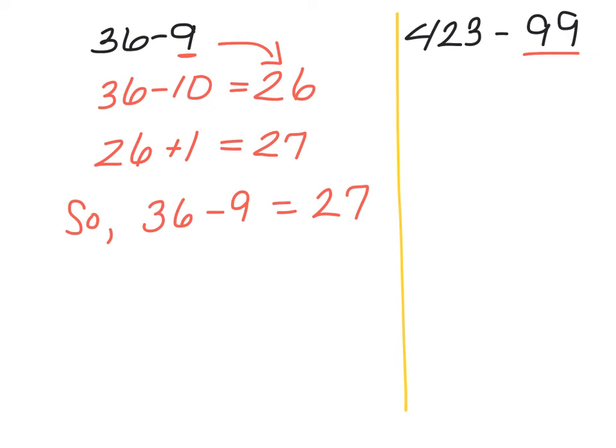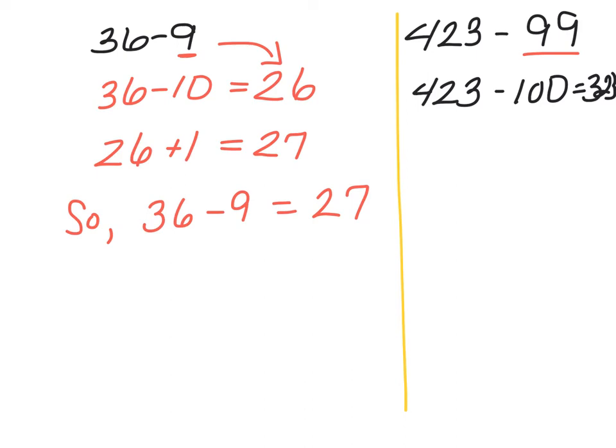So let's try doing 423 minus 100. That will give us 323. But remember, we took away 100, not 99. We took away more than we had to. In fact, we took away 1 more than we had to.